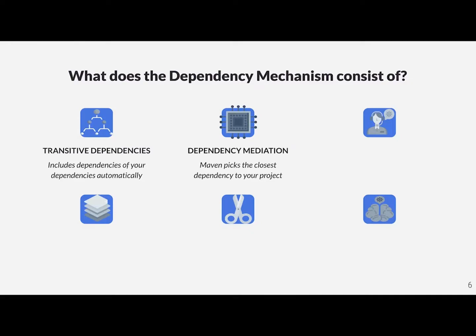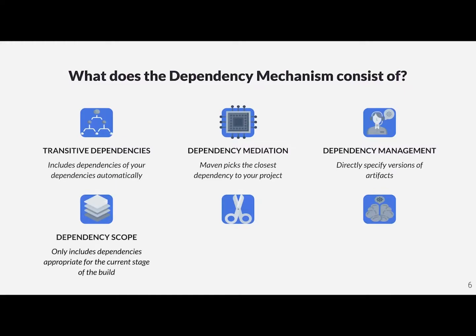Maven has a default in case you don't want to deal with that. But if you want to deal with that, Maven also offers dependency management so that you can directly specify the version of artifacts, being direct or transitive, that you want to use in your project.